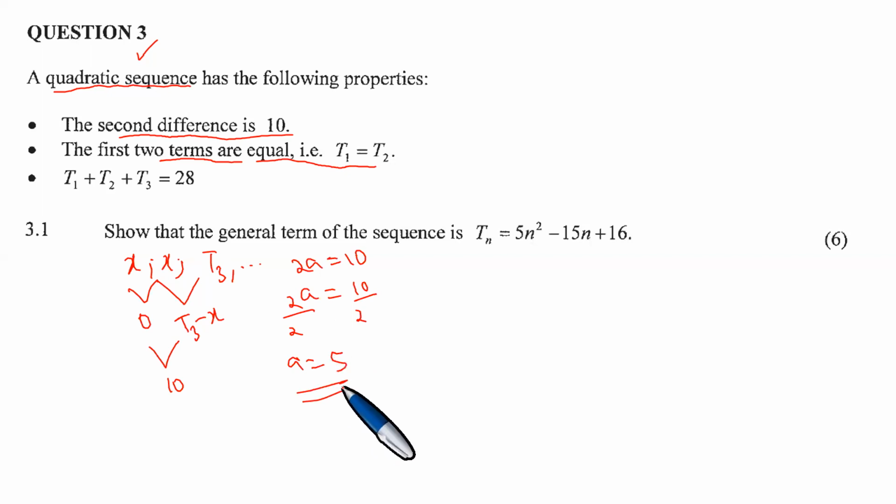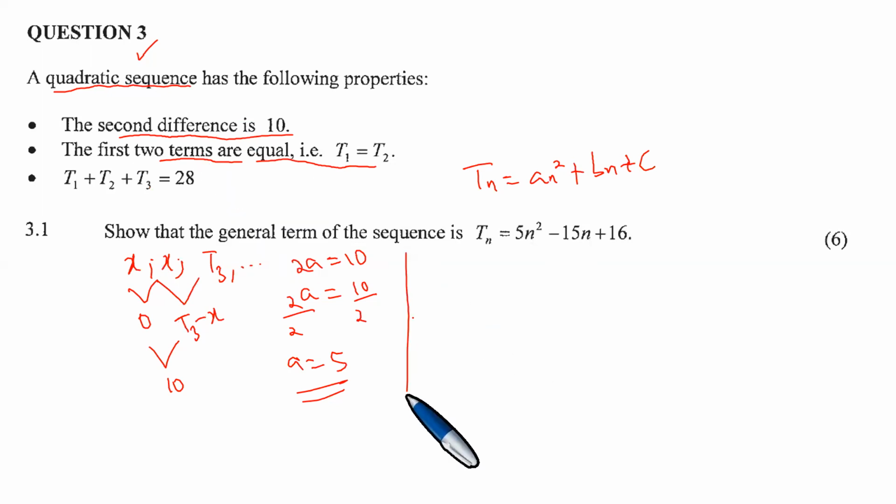So a is 5, which is what appears in the quadratic general formula, which is exactly an squared plus bn plus c. Now, because the first two terms are equal, that's why we made them x, x. They told us in the story.